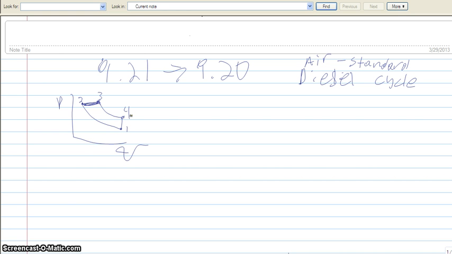So the first pressure that's given is P1 equals 95 kilopascals, and P3 equals 7,200 kilopascals. T1 equals 300 Kelvin.